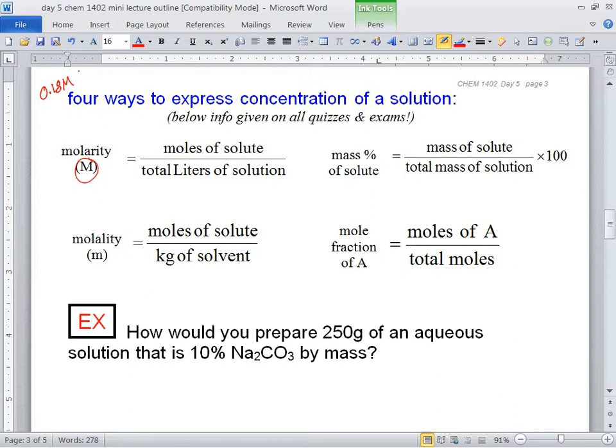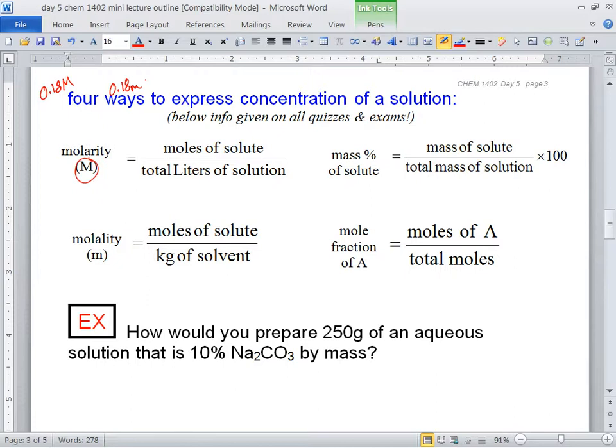Here's another unit, little m. So if you add 0.18 little m, then you're supposed to say 0.18 molality, or 0.18 molal, right? And then you have mole fraction and mass percent. But here's the definitions, and I give them to you all.